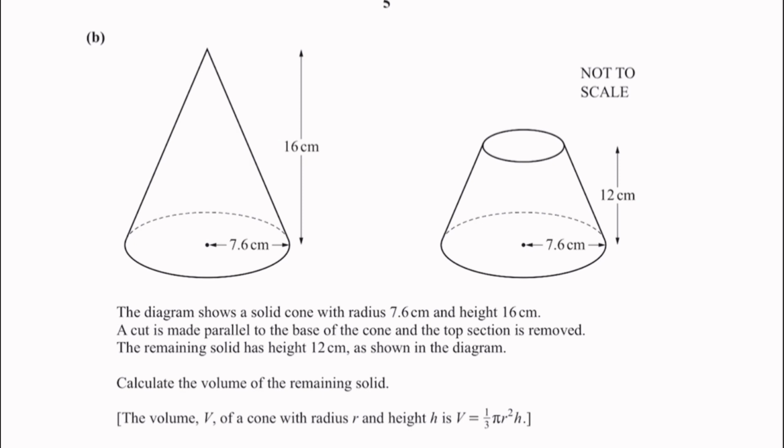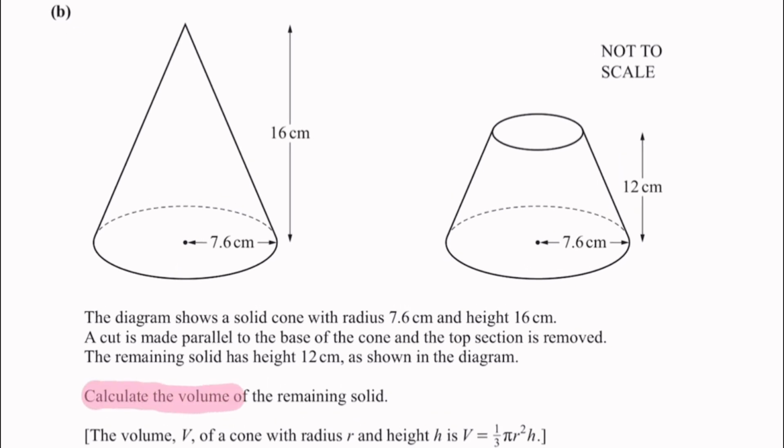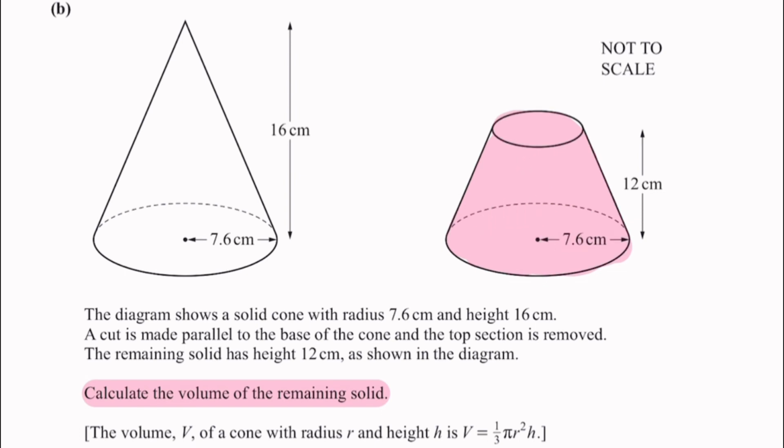In this question, they want us to calculate the volume of the remaining solid, which is this picture. In order to calculate the volume of this solid, you have to calculate the volume of the whole solid first, and then minus this volume of solid.